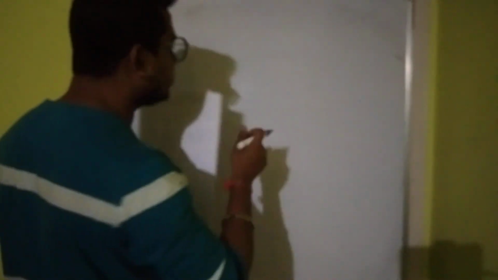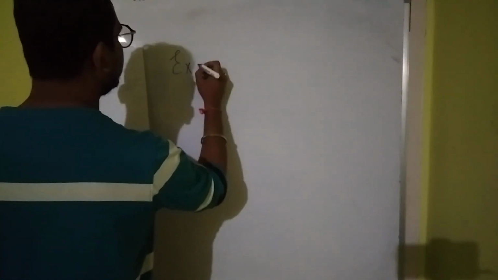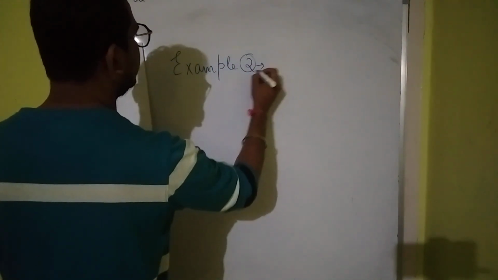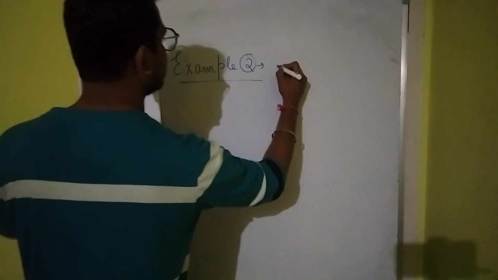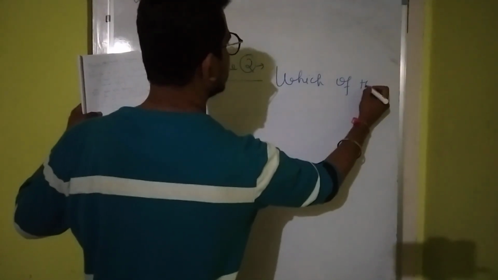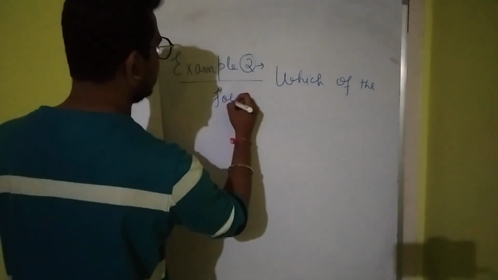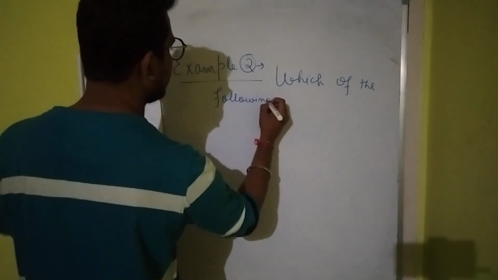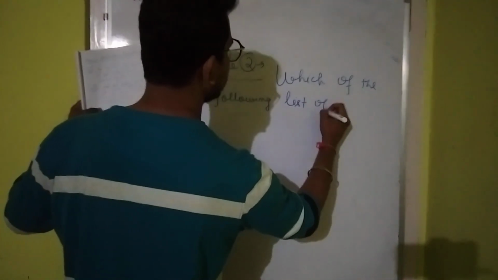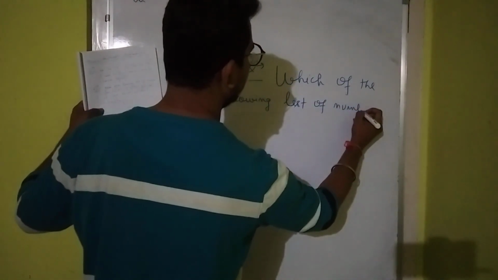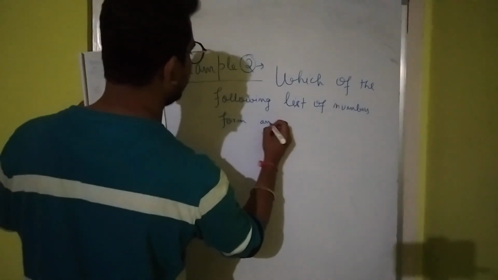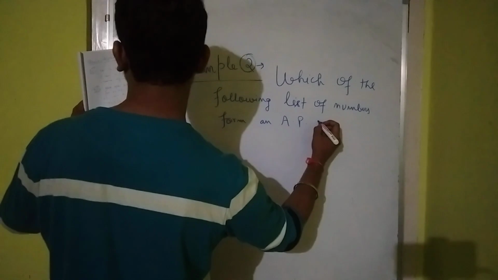So example number 2. Example 2. Which of the following list of numbers form an arithmetic progression?